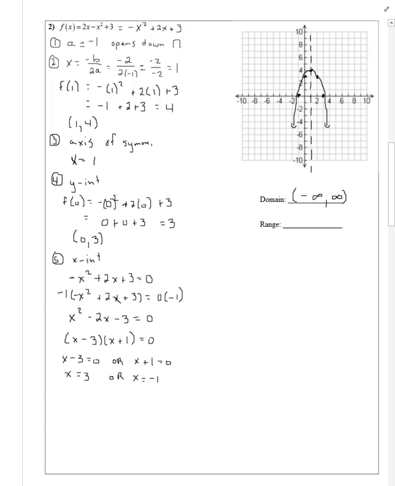For the range, that's all the possible y values. Well, it goes down forever, but it never goes higher than a positive 4. So our range is negative infinity to a positive 4, and that has a square bracket on that side of the interval because 4 is included.